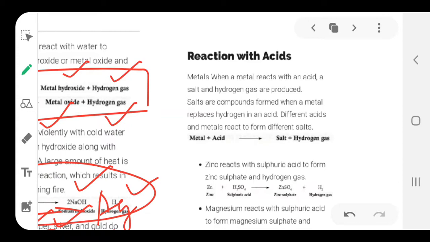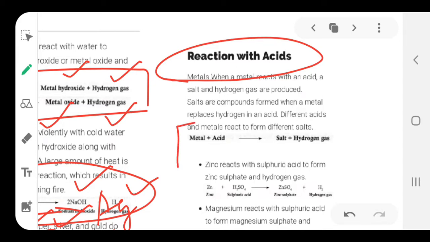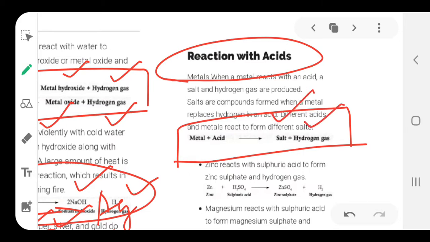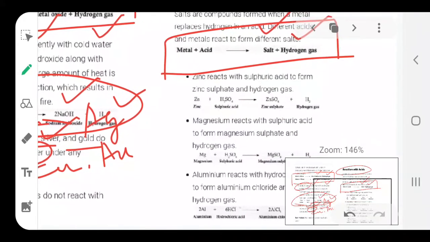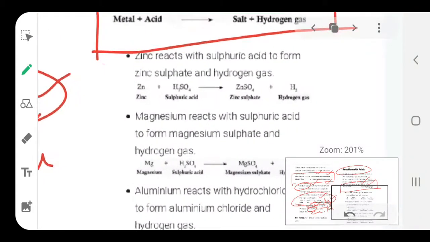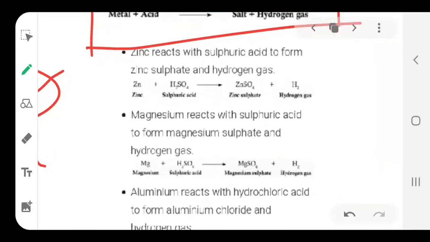Now comes the next: what happens when they react with acids? We already told you at the start of the tutorial that when metals combine with acid, they form salt and hydrogen gas. Now check out some examples for your understanding.